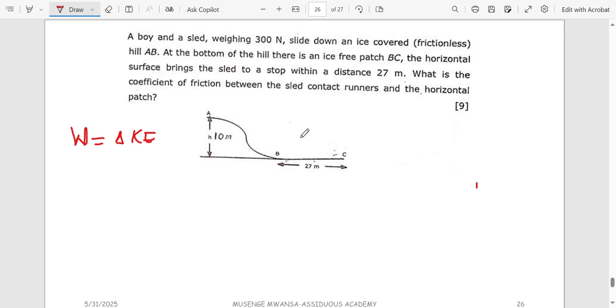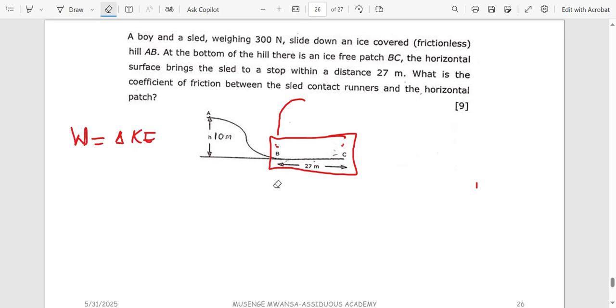But specifically, where are we interested? We are interested in this region if we want to use this method. The work done by the object to move from the point B to the point C should be equal to the change in kinetic energy from the point B to the point C.